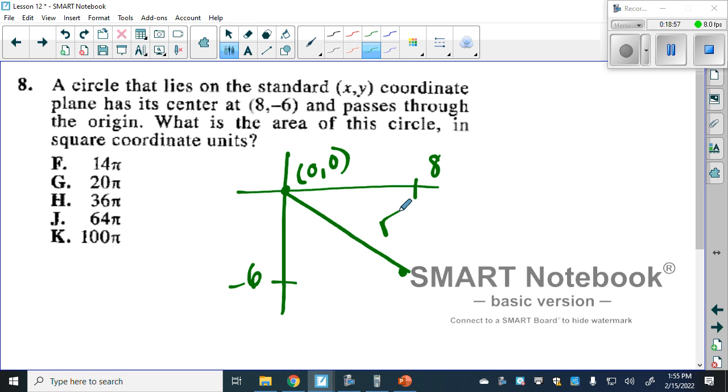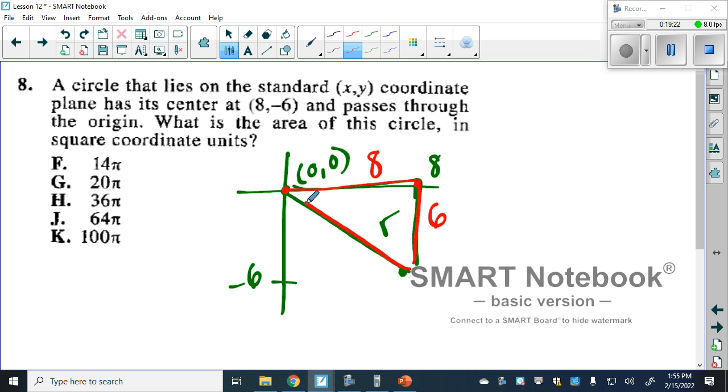and the radius is any distance from the center of the circle to a point on the circle. Well, what did we just make? A triangle, yes? Now the distance from here to here is how far? The distance from here to here is 6.